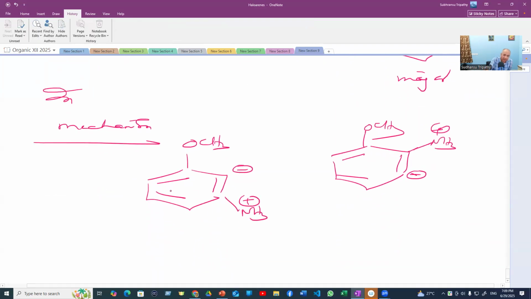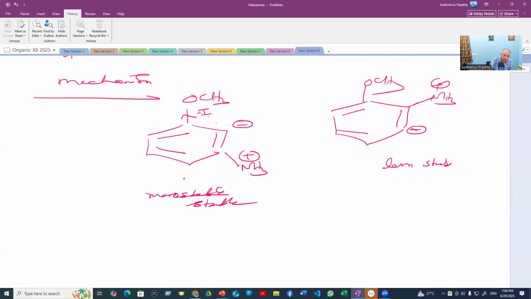the minus I effect. Since the negative charge is closer to the minus I group, it is more stable. And this one is less stable, as the negative charge is farther away from the minus I group. So the ultimate product after proton transfer: here there is no proton, here there is an extra proton.